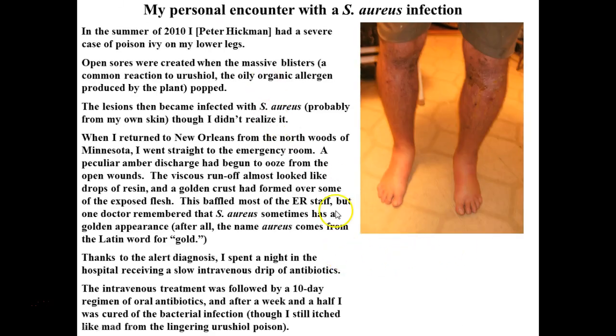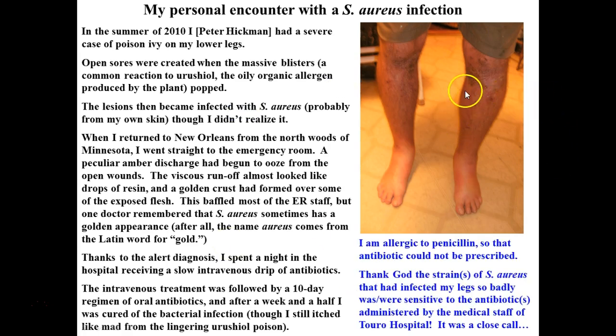So Peter Hickman, one of the instructors that teaches this course as well, had a really scary bout with some Staph aureus after a poison ivy incident, right? So he had poison ivy and then the skin got infected with Staph aureus. He's allergic to penicillin. I couldn't give him penicillin. And actually had this golden discharge, and Staph aureus, aureus actually means golden in Latin, and it can grow kind of yellowish sometimes.